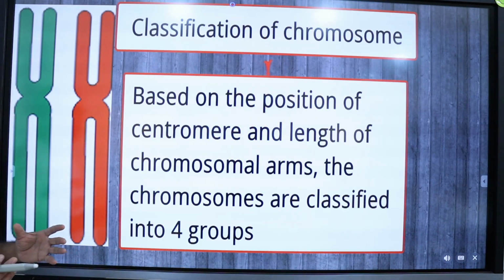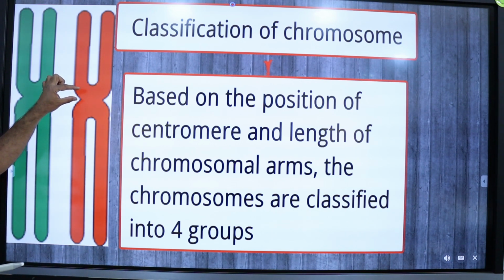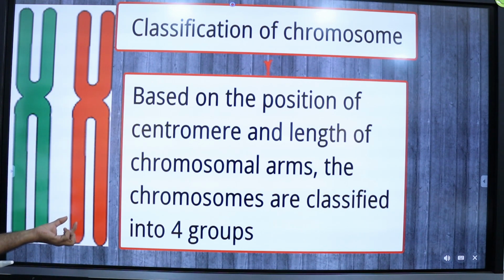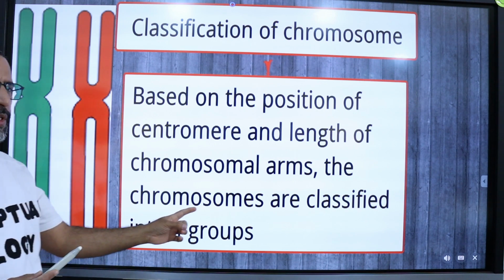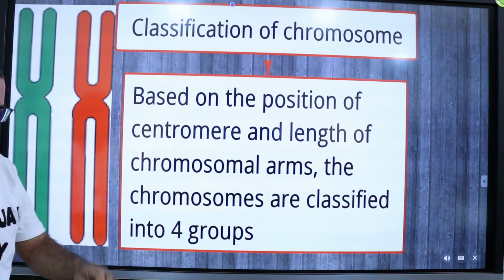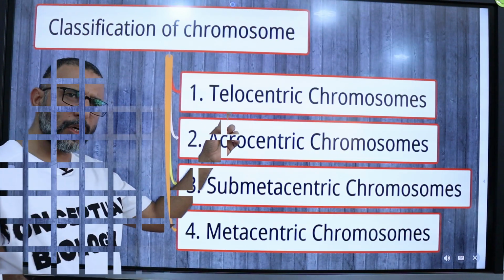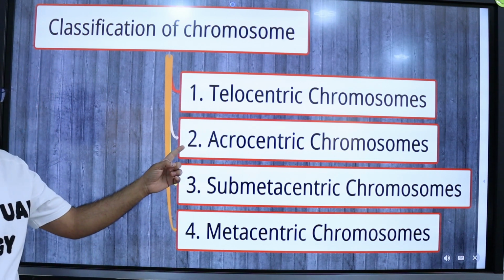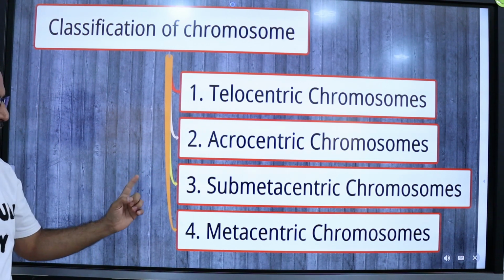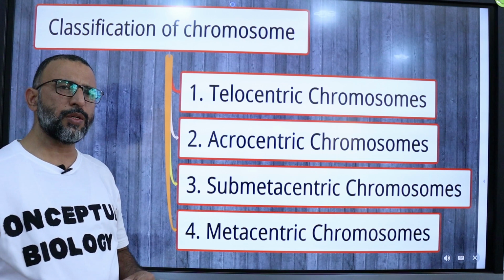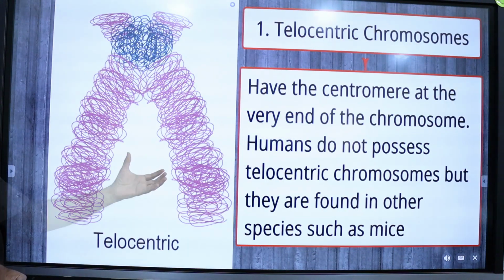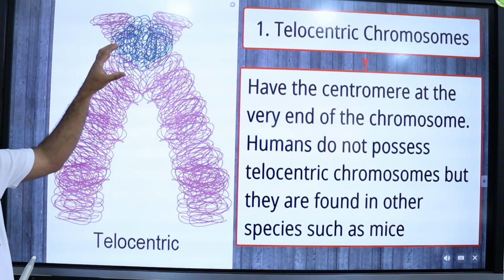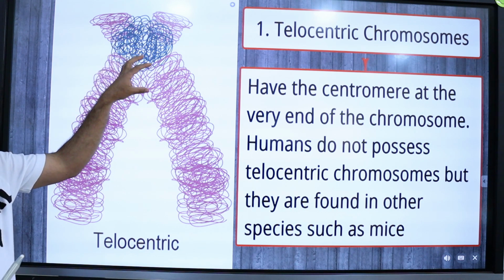Based on the position of the centromere and length of chromosomal arms, chromosomes are classified into 4 groups: telocentric, acrocentric, submetacentric, and metacentric chromosomes. A telocentric chromosome has a centromere at one end of the chromosome.